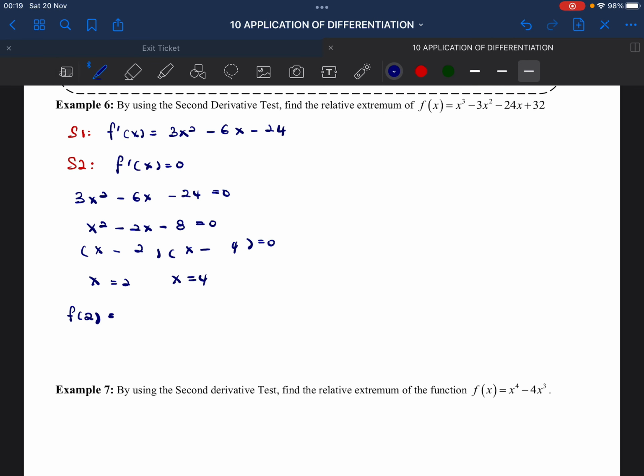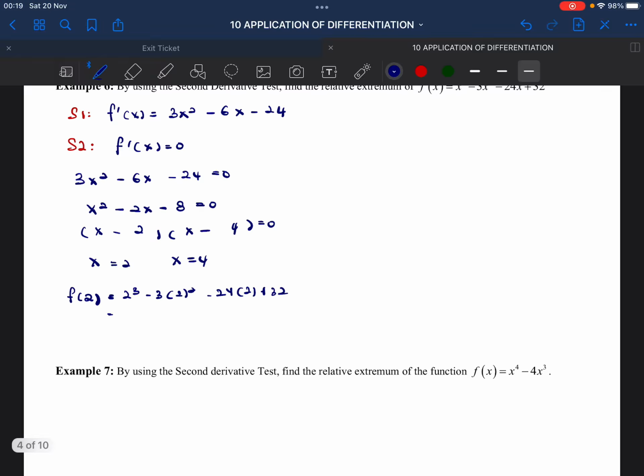So f of negative 2 is equal to negative 2 cube minus 3 times negative 2 square minus 24 times negative 2 plus 32, which here you are going to get 60.